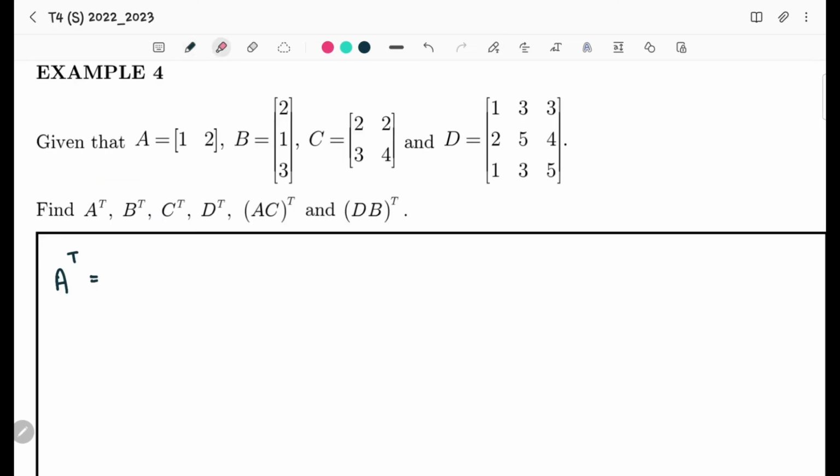So example 4, given that A is equal to 1, 2, and B, C, and D, find the transposes. For A transpose, you have to take a look at A first. A is 1, 2, so A transpose will be 1, 2, like this. For B, you have 2, 1, 3, so B transpose will have 2, 1, 3, like this.